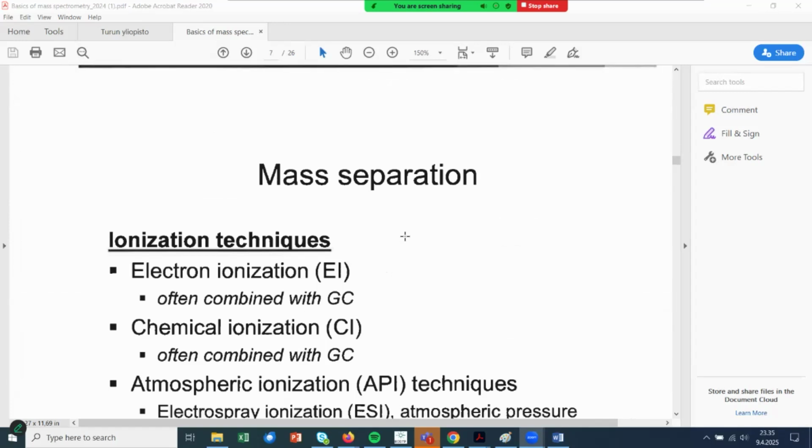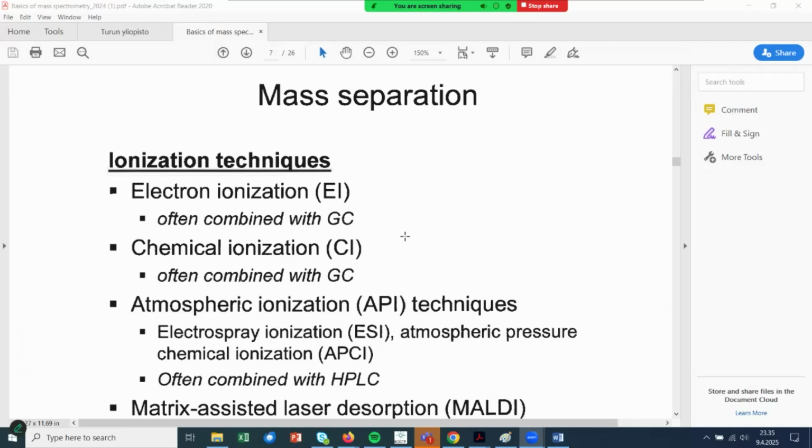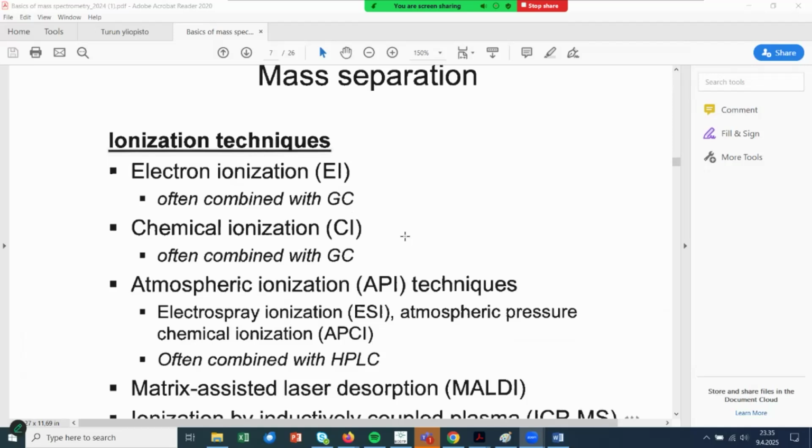Okay, so let's check. I have listed some of the ionization techniques. I just picked a couple for closer inspection. There are electron ionization and chemical ionization, which are often combined with gas chromatography because they work nicely when everything is in gas phase to begin with. These ionization techniques happen at very low pressure, in vacuum conditions with the help of vacuum pumps.